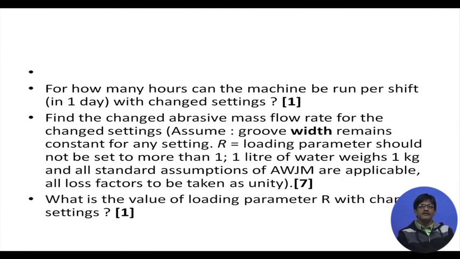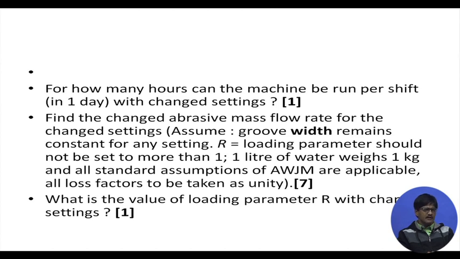Questions are: for how many hours can the machine be run per shift with changed settings, find the changed abrasive mass flow rate for the changed settings, and what is the value of the loading factor R with the changed settings. What is the assumption? Assumption is that groove width remains constant for any setting, which is not really true, but for all practical purposes we can assume this. And R is the loading factor, it should not be set more than 1.